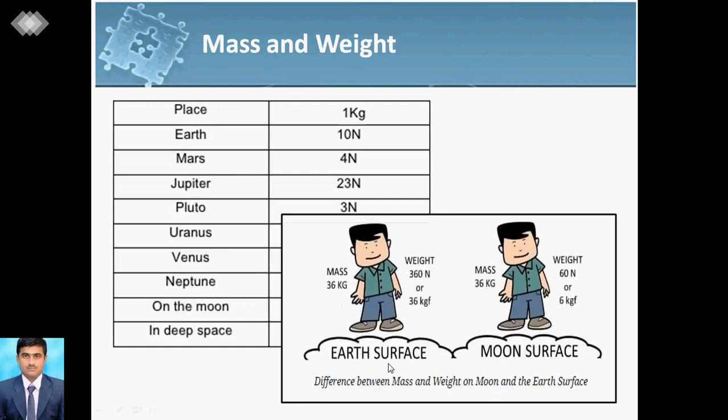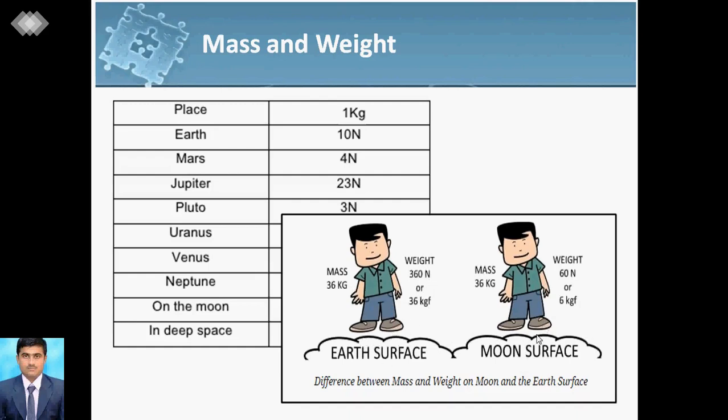If it is considered for earth surface first, if your mass is 36 kg, then weight is up to 360 newton because we multiply by 10, so W is equal to mg, so that's why it becomes 360 newton.